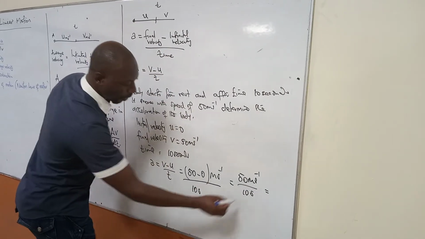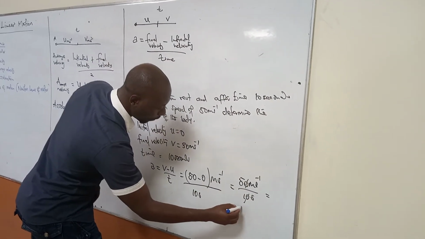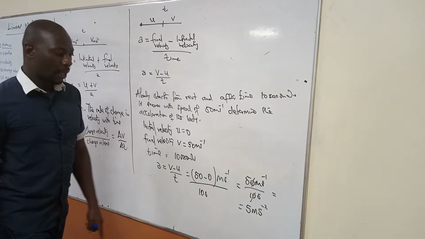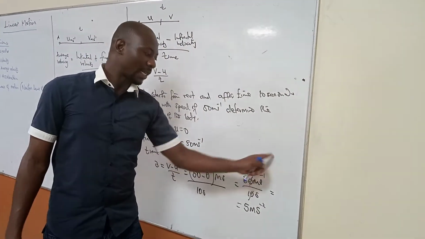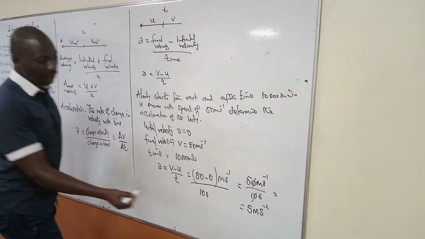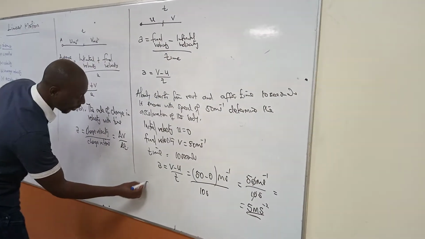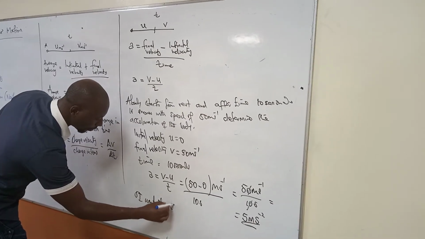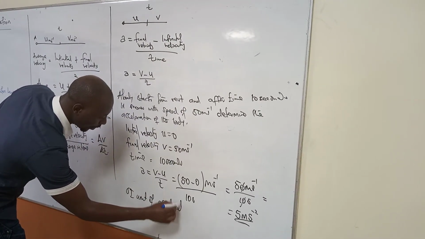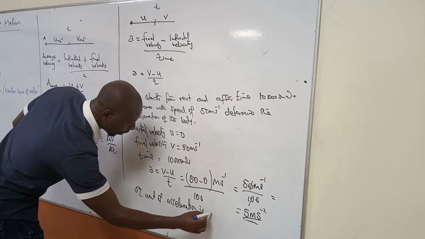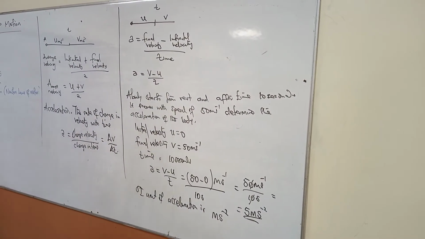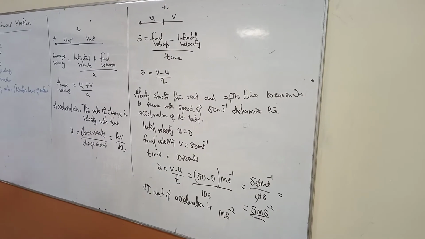That cancels in this order and we get 5 meters per second squared. The power of 2 now is because we divide with another second. So from there we can also see that the SI unit of acceleration is meters per second squared. So that one is an example on acceleration.